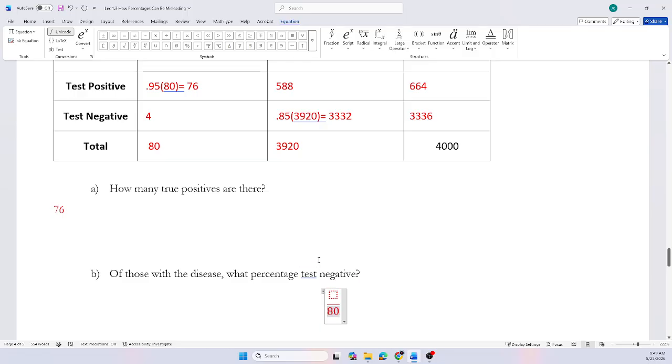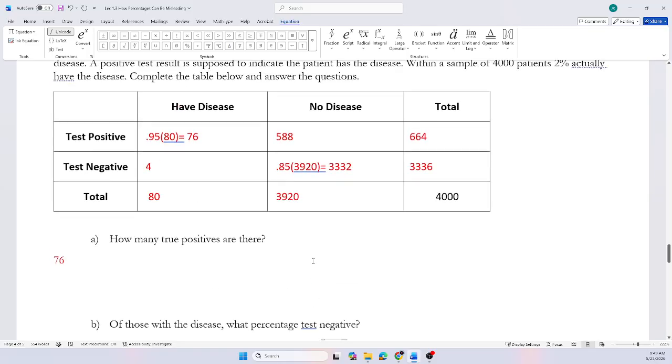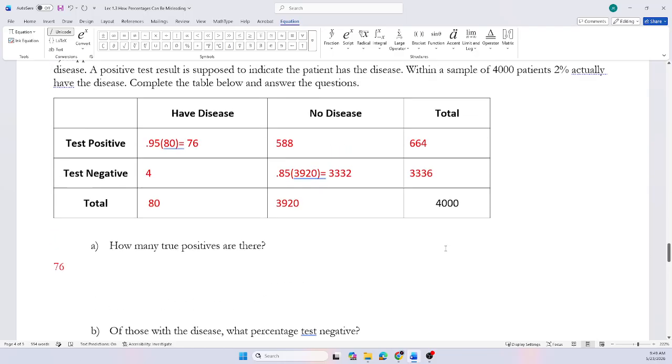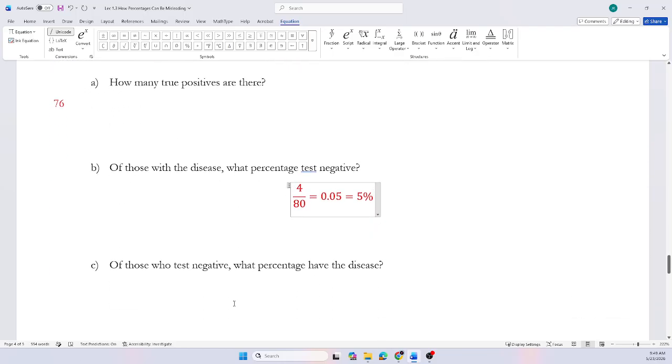Out of those 80 people, how many tested negative? Well, there's 4 of those people that tested negative. So 4 divided by 80 is going to equal 0.05, which is 5%. So 5% of them will test negative.